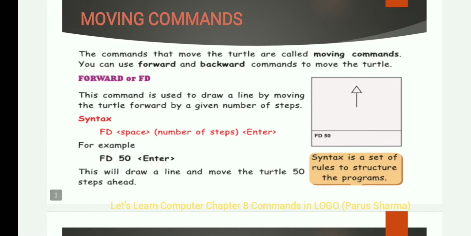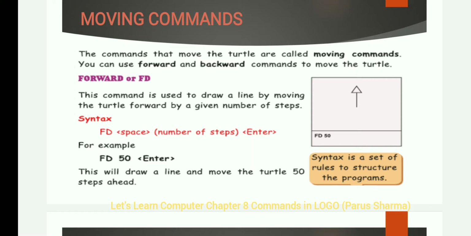Now the moving commands. First we will do the forward or FD command. The moving commands are FD and BK. The forward command is used to move the turtle in the forward direction, that is, in the direction where the head of the turtle lies, for the next steps.